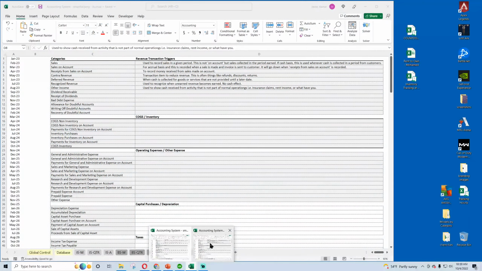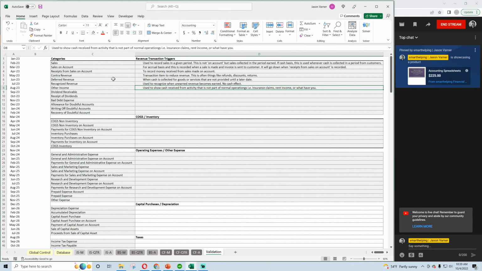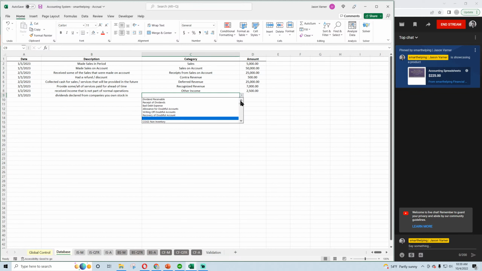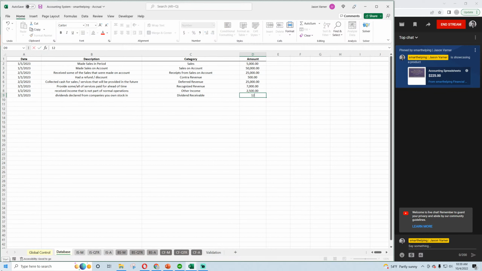Okay, now let's do dividends receivable. So dividends receivable, we'll put this into March. Dividends declared from companies you own stock in. So when that dividend is declared, you automatically have a receivable. Let's say it was for, I don't know, $1,200. So this is going to increase.